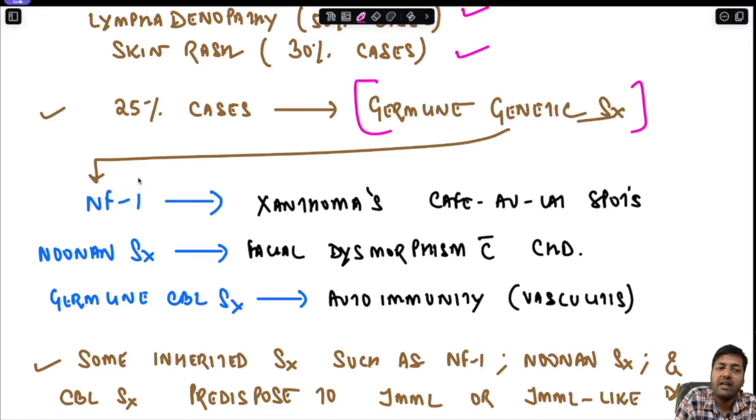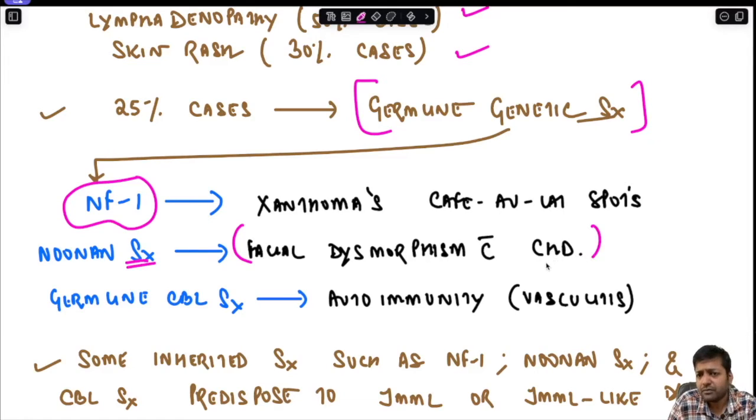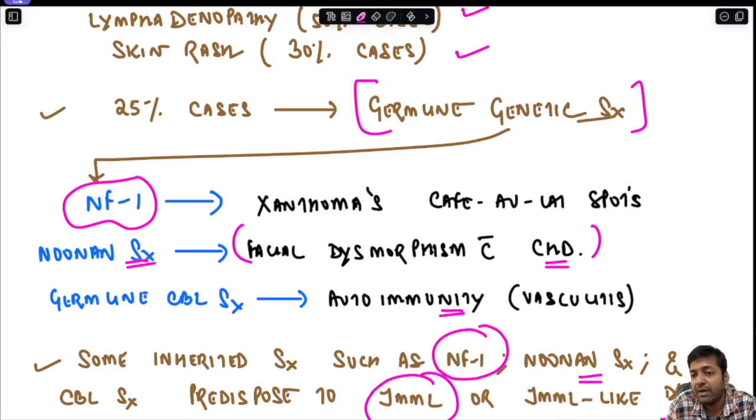For example, if associated with NF1, those patients present with xanthomas, cafe au lait spots, and some other clinical features of NF1 as well. With Noonan syndrome, they present along with facial dysmorphism and congenital heart disease. Germline CBL syndrome patients present with autoimmunity, especially vasculitis. So some inherited syndromes such as NF1, Noonan syndrome, and CBL syndrome predispose to JMML or JMML-like disorders.